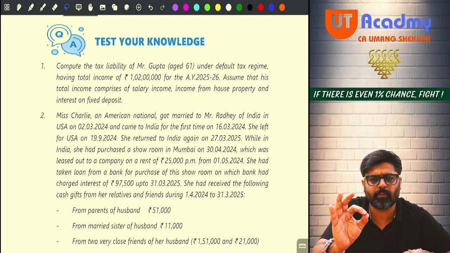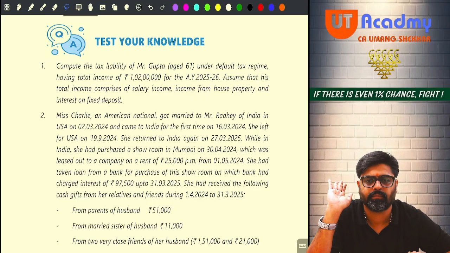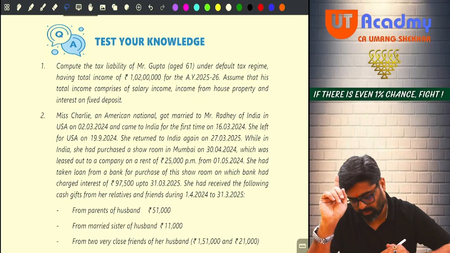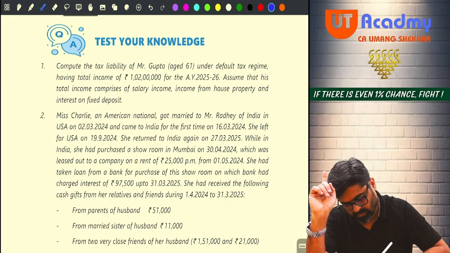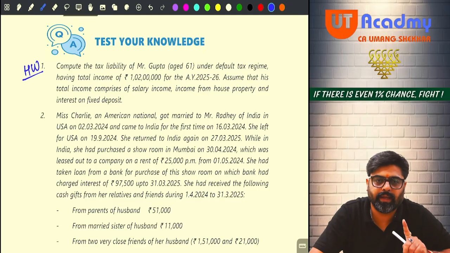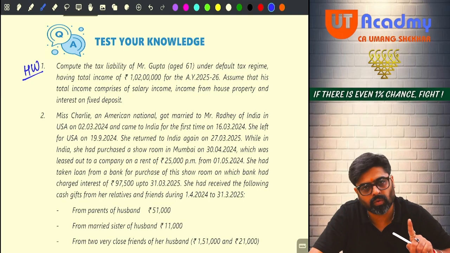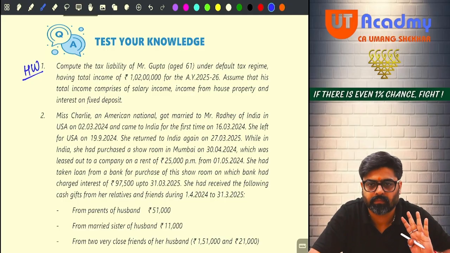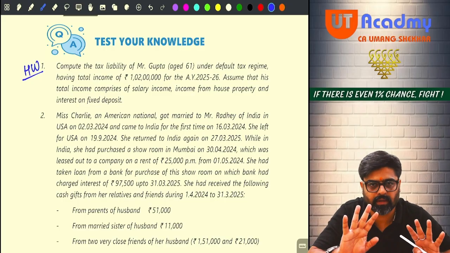Same concept is there, marginal relief. So even this question is going for homework today. Don't worry, each and every question I will solve. But you are supposed to try the question once at your home. These 3 questions are there for homework today.